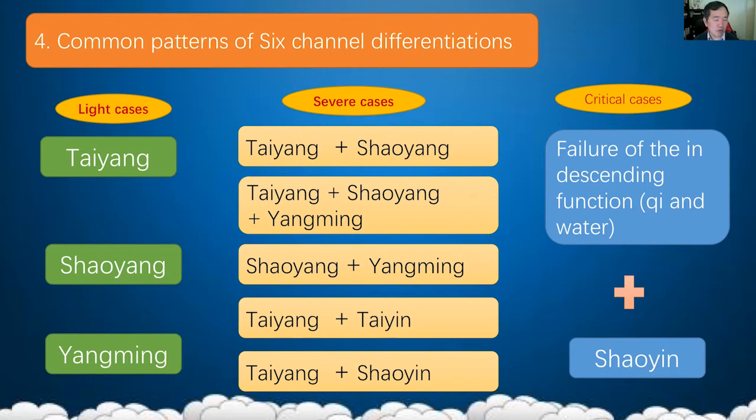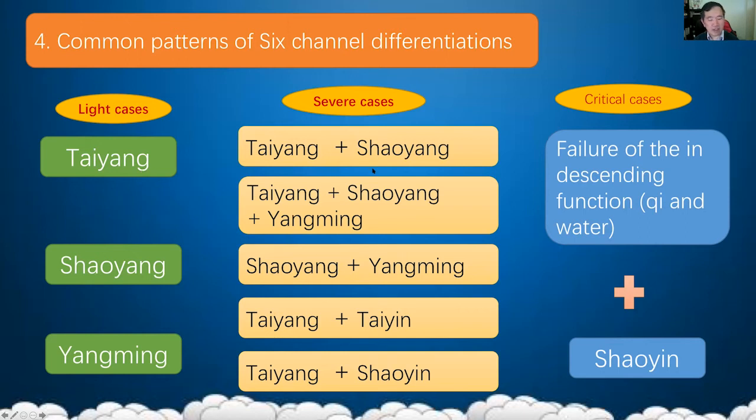Otherwise, you are going to offer only one formula, one acupuncture treatment to deal with all the yang situations, which is not complete. But when it moves to the severe cases, severe stages, it's much more complicated. Usually, at the light cases, we only have involvement of one channel.